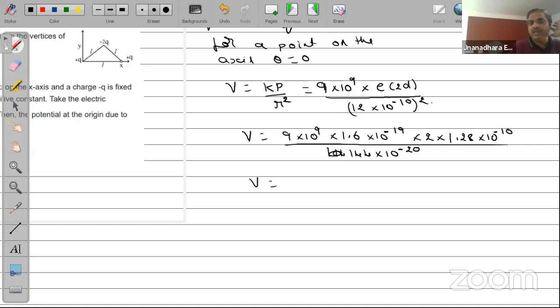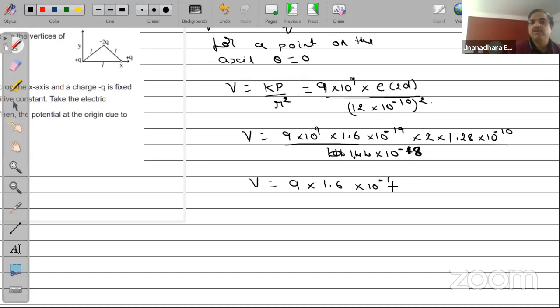So this will be 9 into 1.6 into, I can write this in fact as 1.44, and then make this 10 to the power 18. I'll tell you why I make it 1.44. Okay, 1.44 into this. Then you will have 10 to the power 14 go up, then you get this to be plus 18.